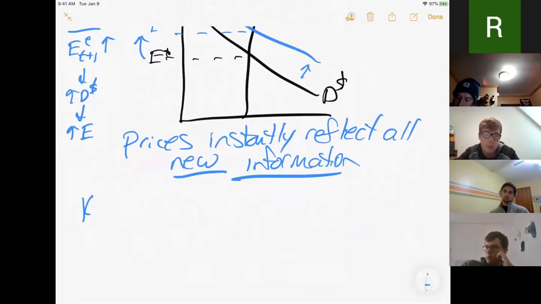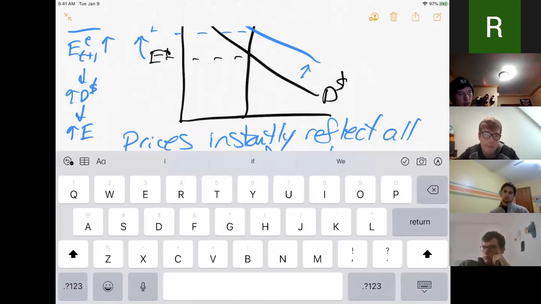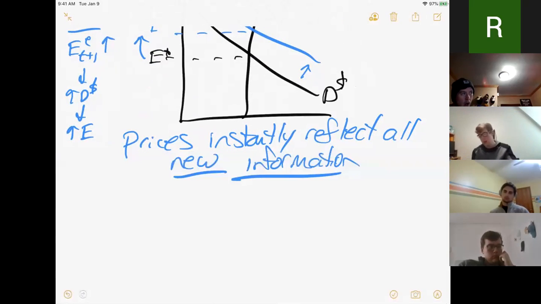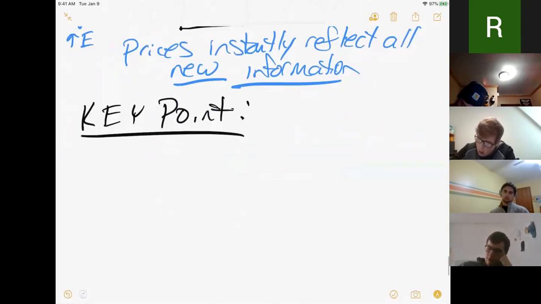I do want to emphasize a key point here that I don't want to get lost in our discussion. And I'm not sure that I've made this as clear as I need to make this.